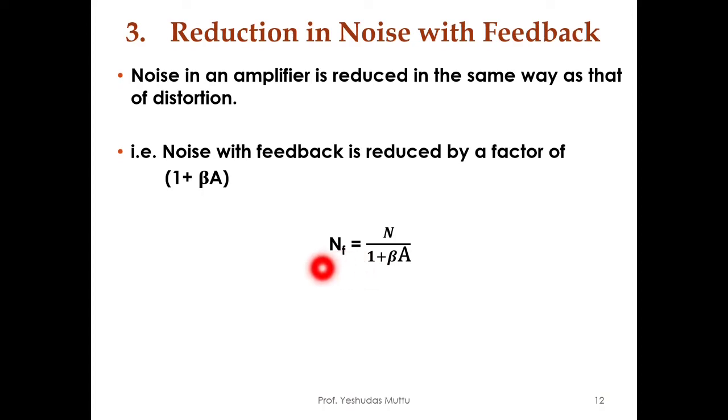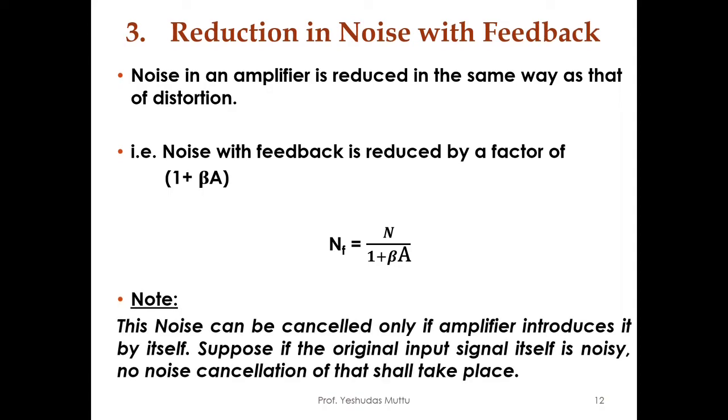Instead of DF I write NF, instead of D I write N. That's the only change, but the rest of the theory remains the same as that of distortion. The note remains the same too: if the input signal is noisy, then there won't be any noise cancellation, but if noise is introduced by the amplifier, then it can be corrected by using feedback.